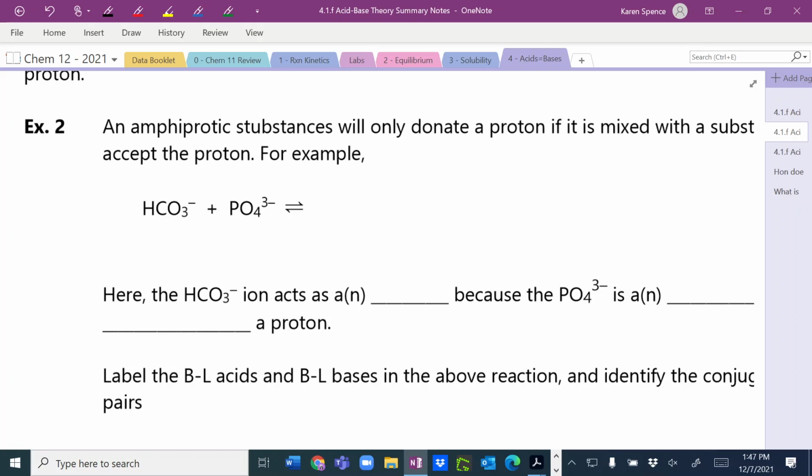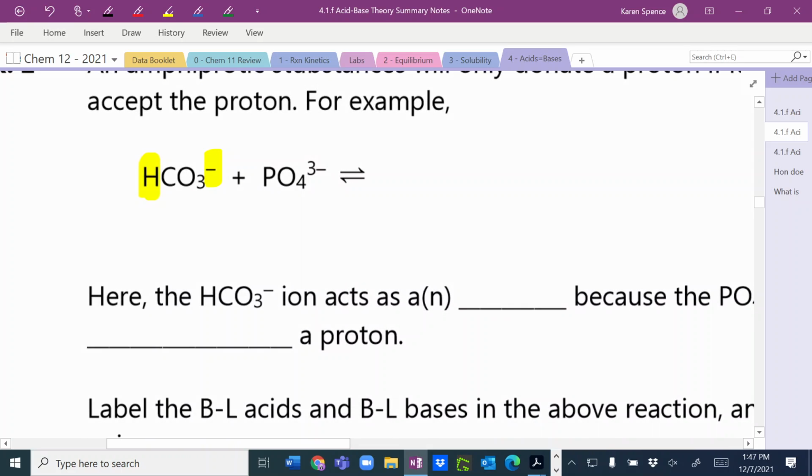At any rate, how do we know HCO3 minus, it's got that hydrogen and it's got a negative charge, so it is amphiprotic. How do I know whether it's going to act as the acid or the base in this reaction? Exactly.